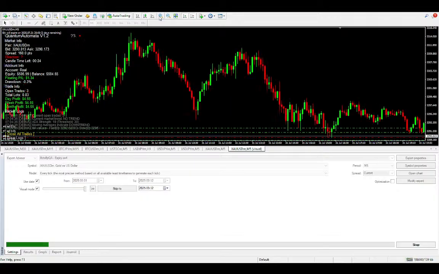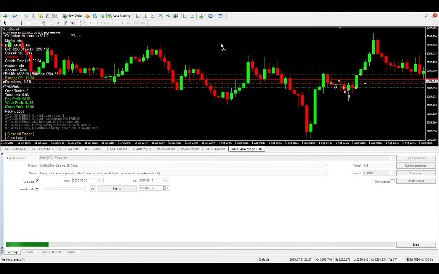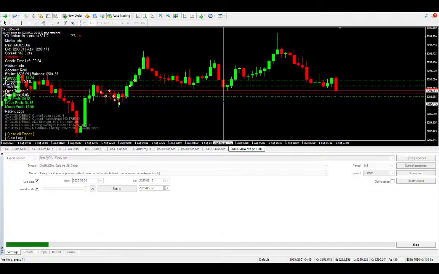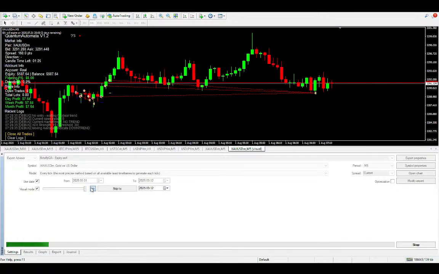Let me zoom in a little bit. Okay, perfect. So it was supposed to get a TP, of course, maybe a little bit far, but with this candlestick I expect it to get a TP. All right, so now the trade has closed, and for the day you've made $7 profit.